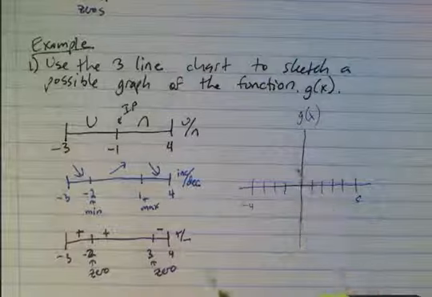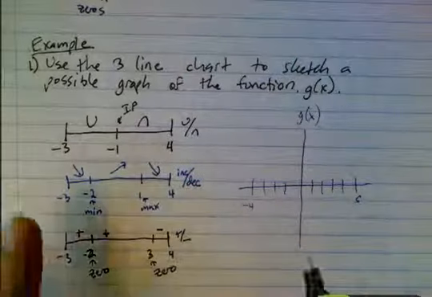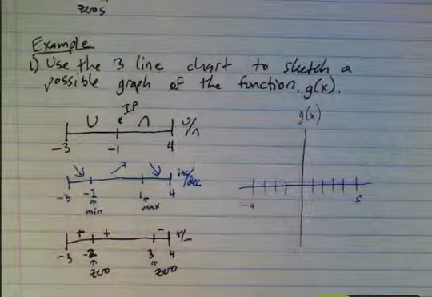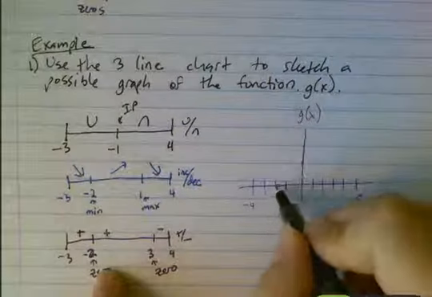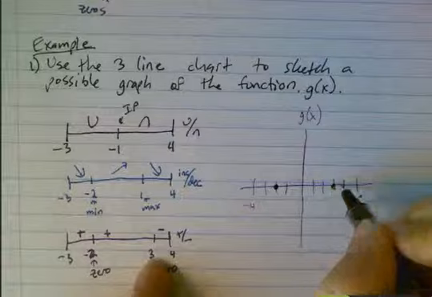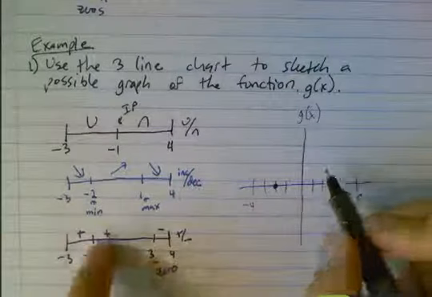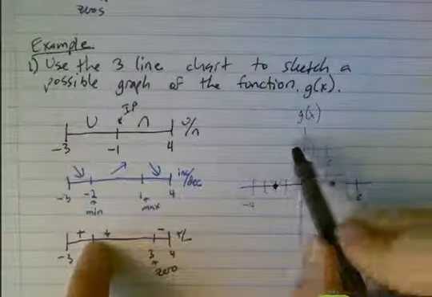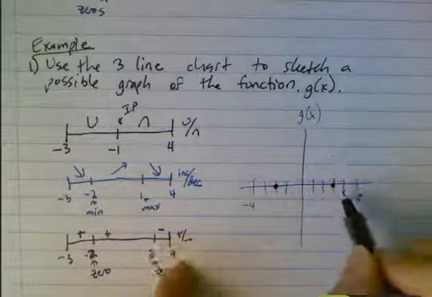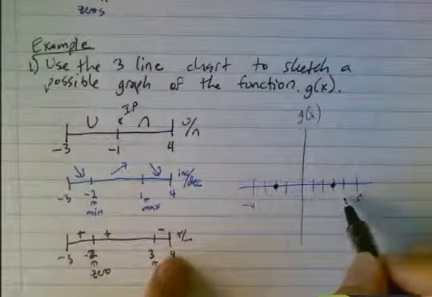Okay, let's see what we've got here. First of all, we know that this is going to start at -3 and end at 4, so it's not going to have the little arrows like we did in the previous one. We know that at -2 there's a 0, at 3 there's a 0. This graph is above the x-axis over here, and then below the x-axis from 3 to 4.